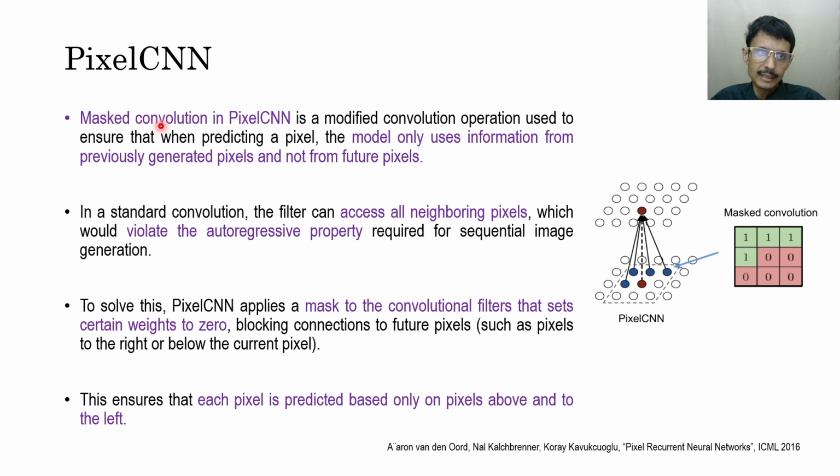Now, as we said, the masked convolution in PixelCNN is a modified convolution approach used to ensure that when predicting a pixel, the model only uses the information from the previously generated pixels and not from the future pixels.